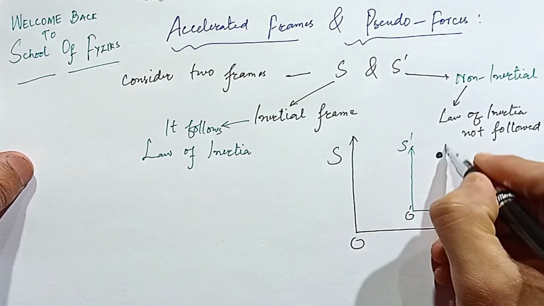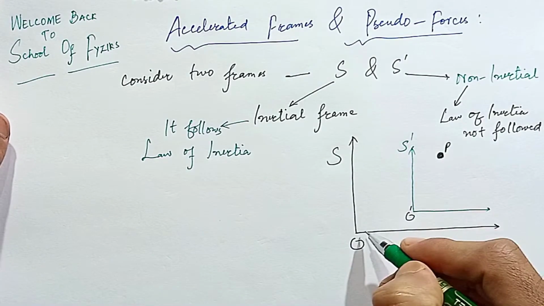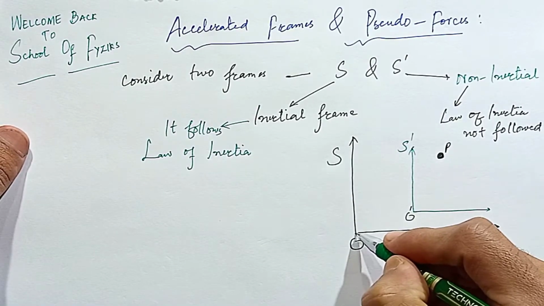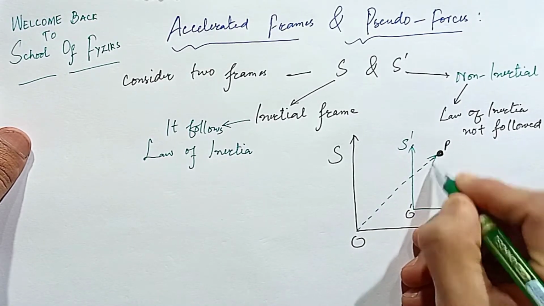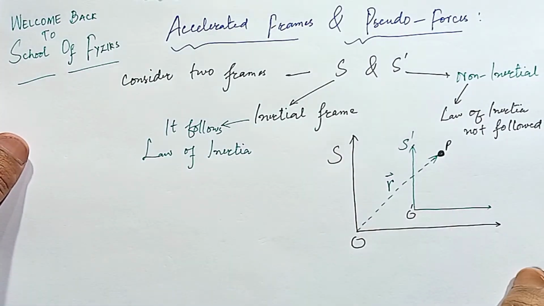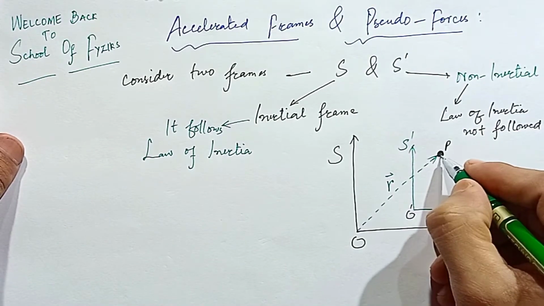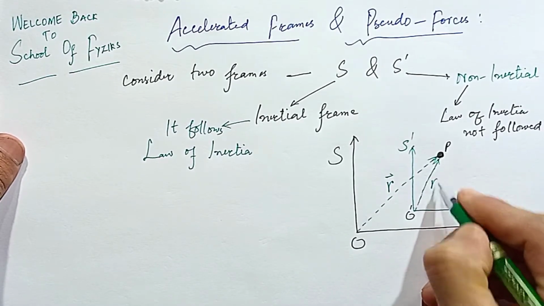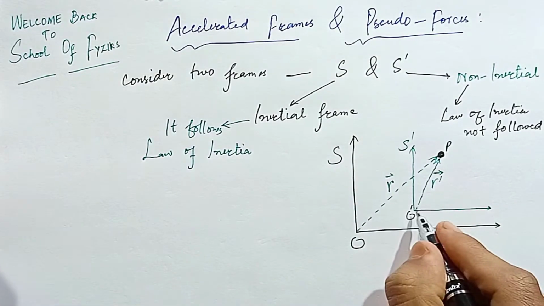So consider a particle P here, and the particle is at a position vector r from the inertial frame of reference. Say this is the position vector r with respect to frame of reference S, and with respect to frame of reference S prime, its position vector will be r prime. But here is another thing.